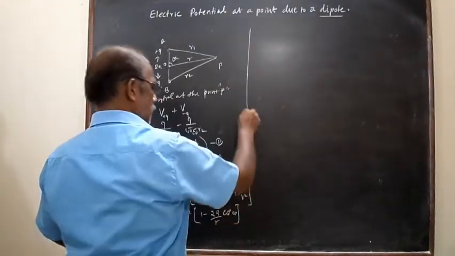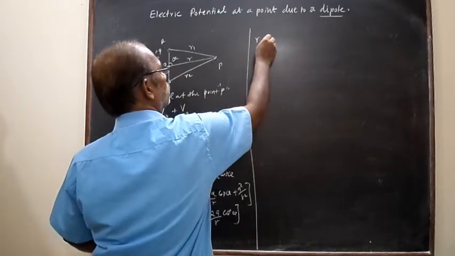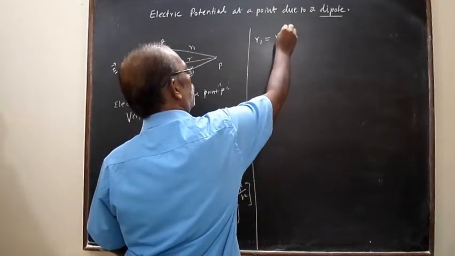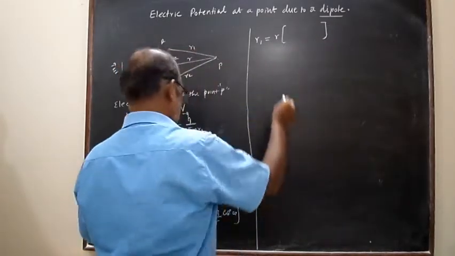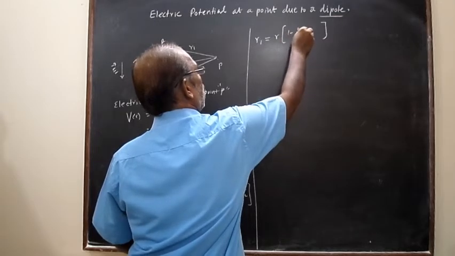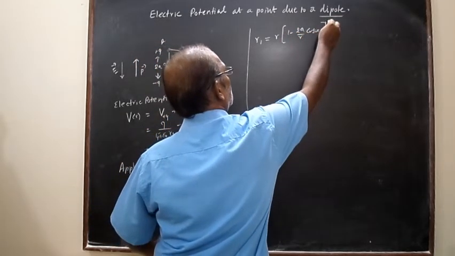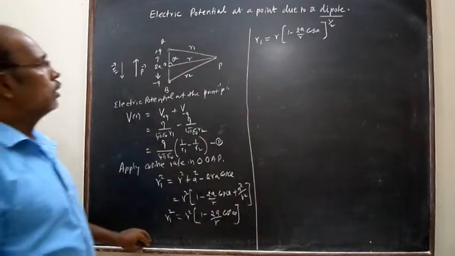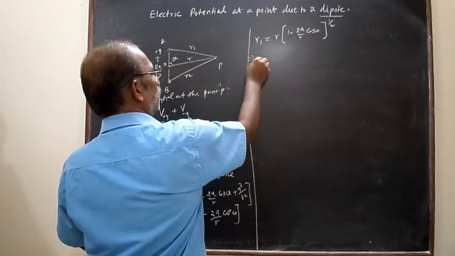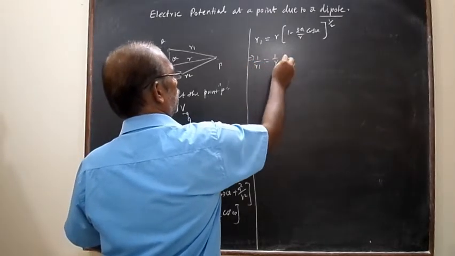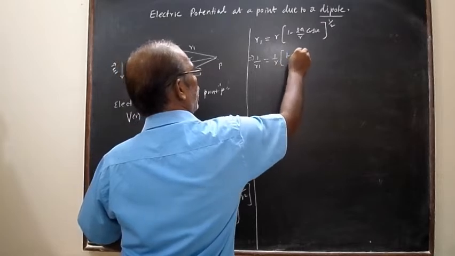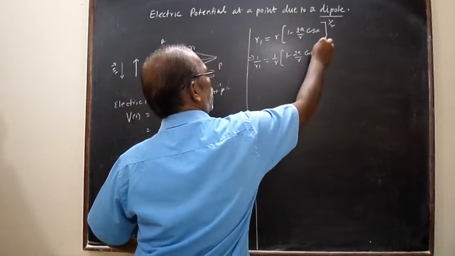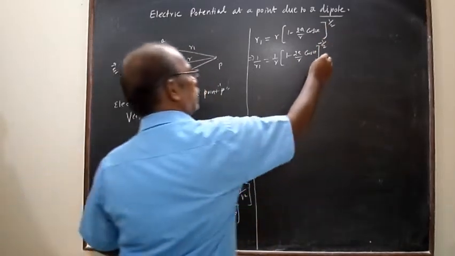If we continue the discussion, R1 equals R into 1 minus 2a by r cos theta whole power 1 by 2, positive root, but we need 1 by r1. This implies 1 by r1 equals 1 by r into 1 minus 2a by r cos theta whole power minus 1 by 2. This is result 2.